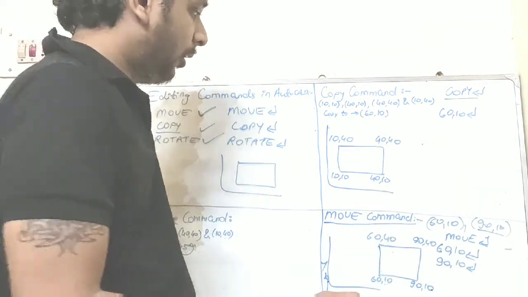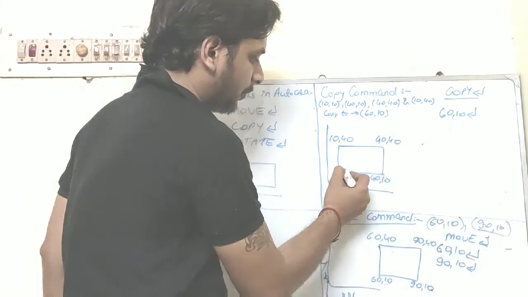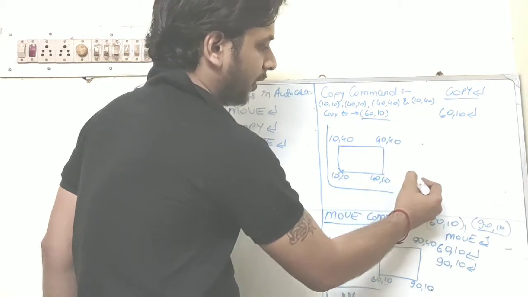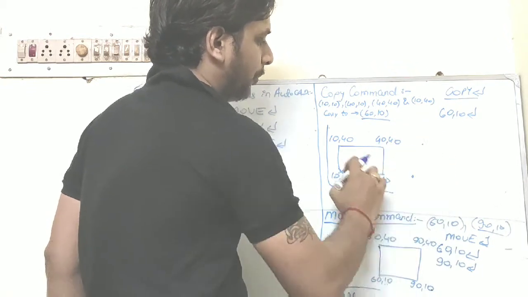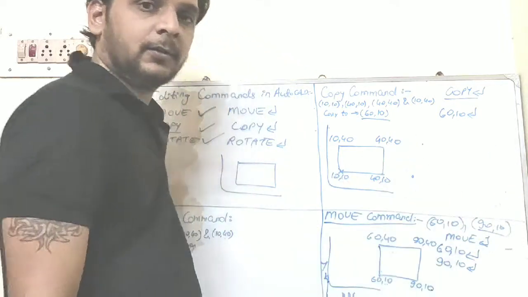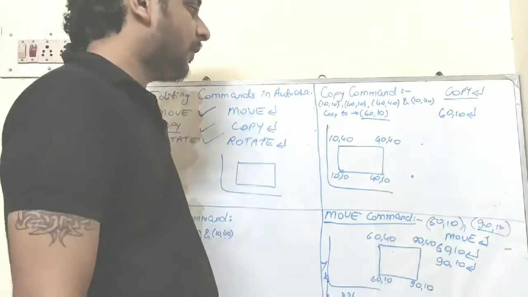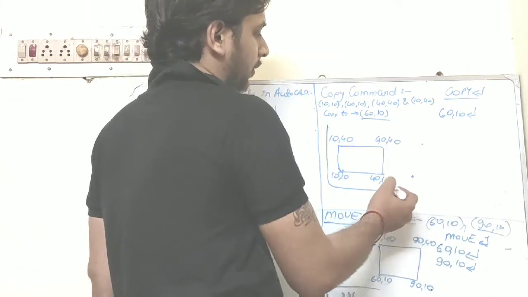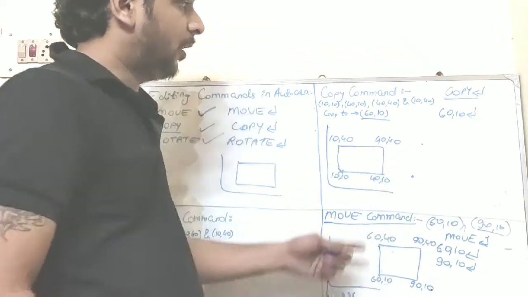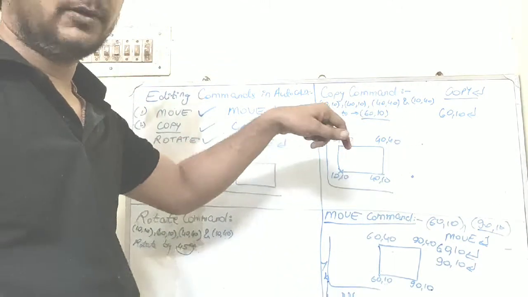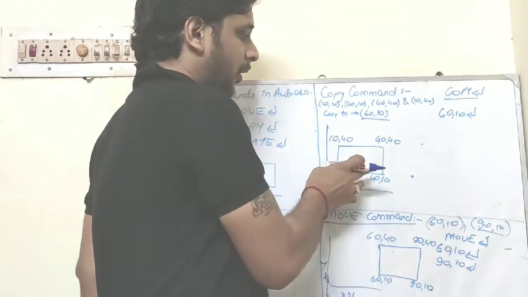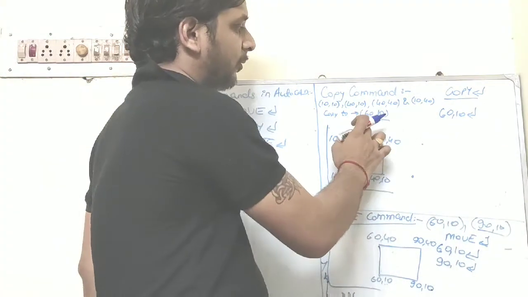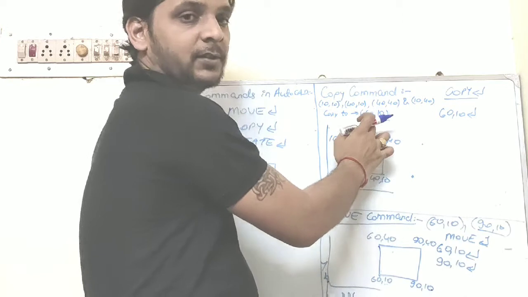Now we have to copy this rectangle from base point 10, 10 to base point 60, 10. Here at this point we have to copy the same object. Here no rotation angle is given, so we have to construct the same object parallel to the x-axis, but the starting point is 60 comma 10.